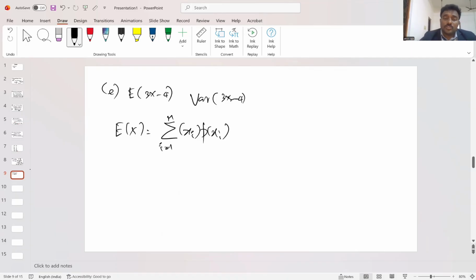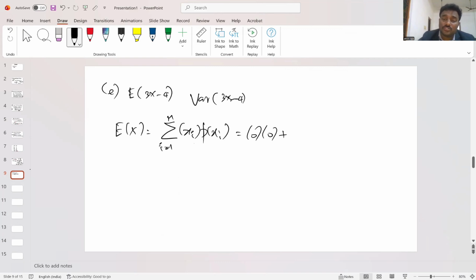If you apply this formula here, we can find the expectation of x. So if you apply i equal to 1 to n, it will become x1 into p of x1, x2 into p of x2, like that. So the value and the probability value of it.